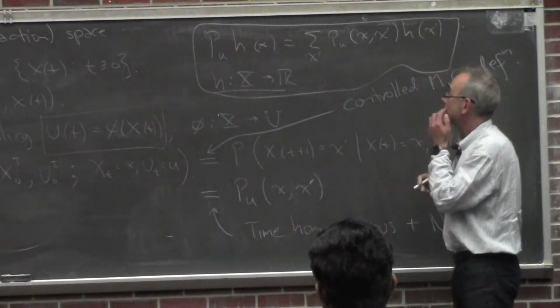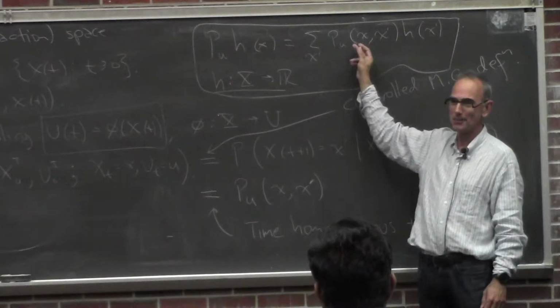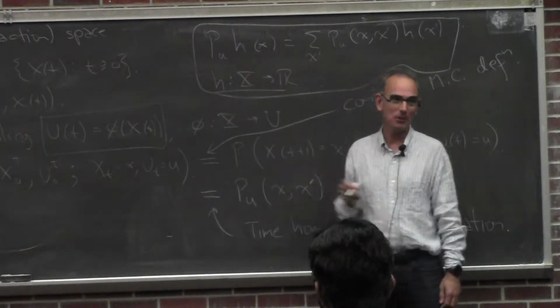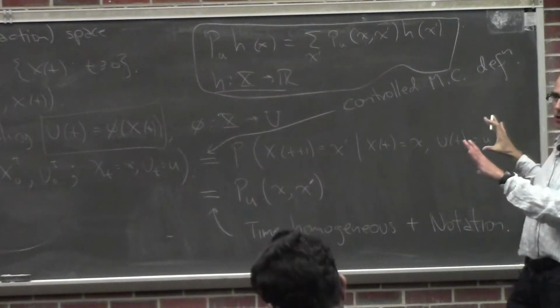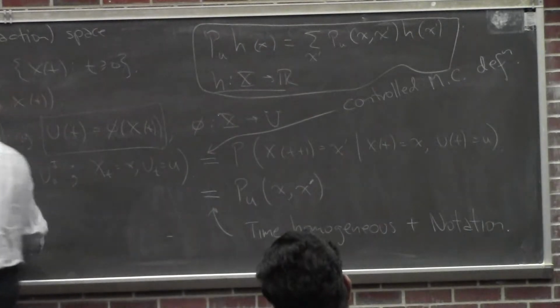Like I said before, we're going to keep using this throughout the course. You've got to know what I mean when I write P h and now P sub u h. All right, so that's a controlled Markov chain, and then you stick a cost function.